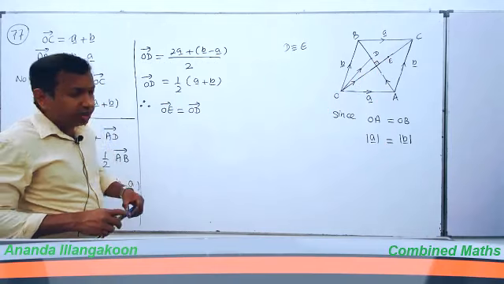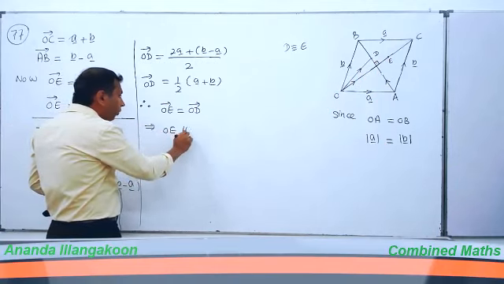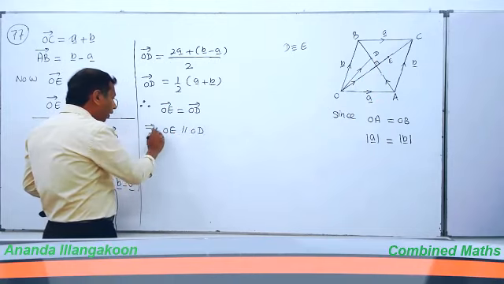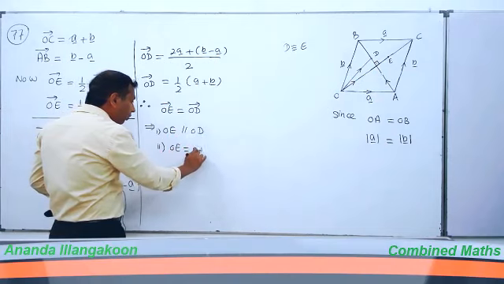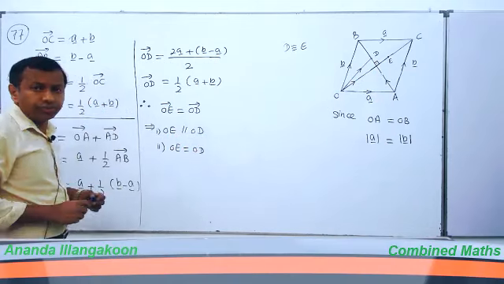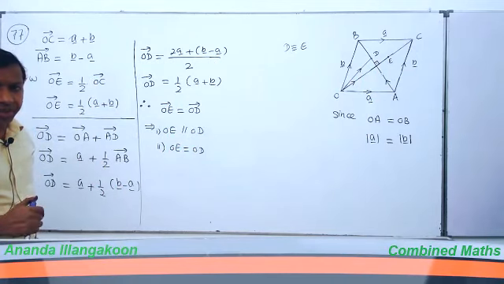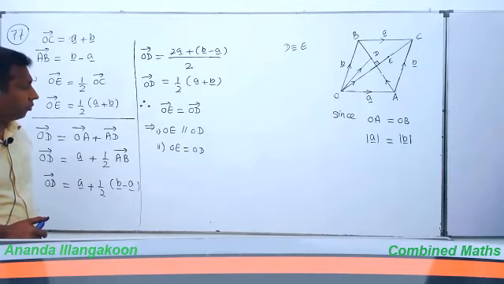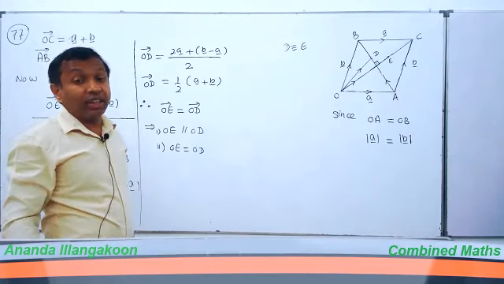When two vectors are equal, people, what does this say? Number 1, OE is parallel to OD, and number 2, OE length is equal to OD length. When two vectors are equal, the corresponding line segments are parallel. Also, the corresponding line segments are equal in length.